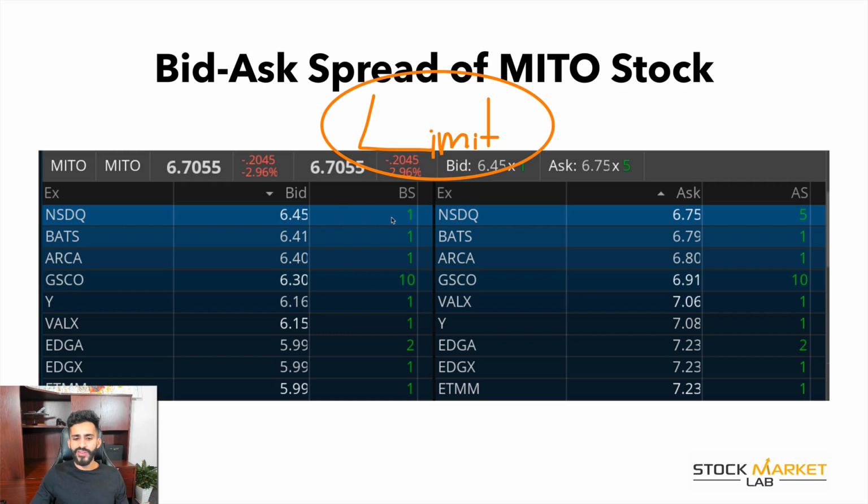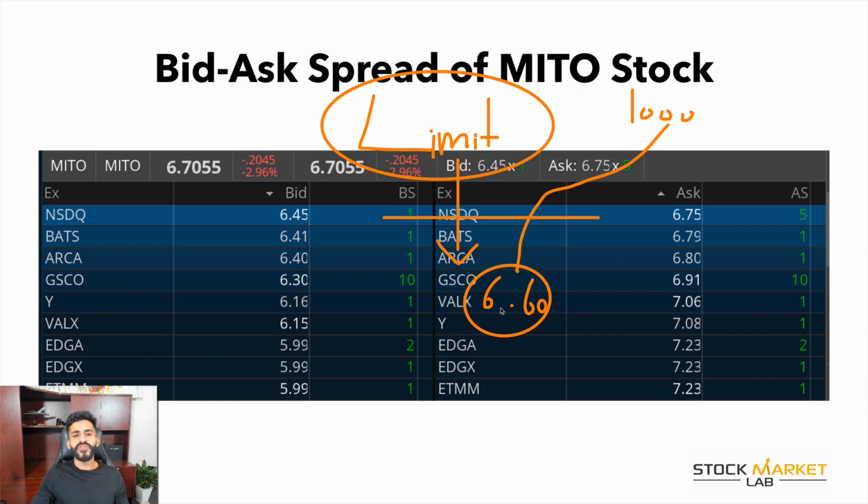Now, when I see a high spread like this, a lot of times you can hit the mid price, a middle price in between. Let's say I put in an order to buy 1,000 shares at 660. There's a possibility I might get filled. If it's market makers, they might fill me at 660.